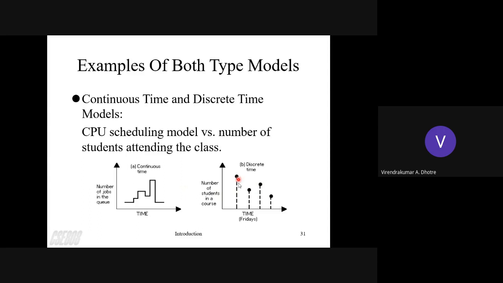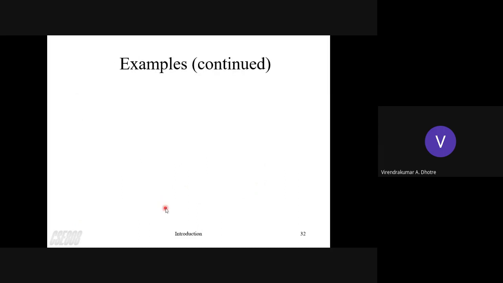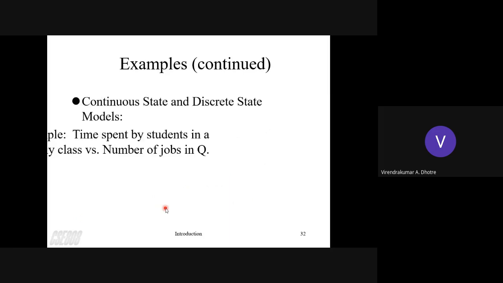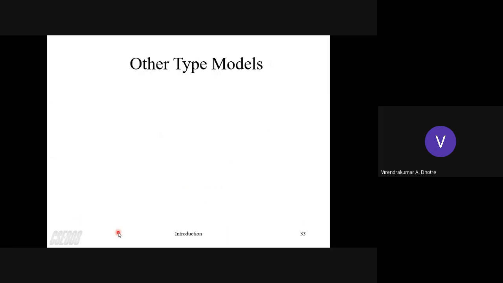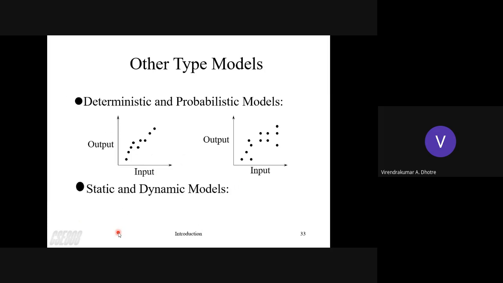So this is how we can calculate the number of students attending the class, number of jobs in the queue, higher, lower, like this. We can take the values and show them by using different graphs, no problem.